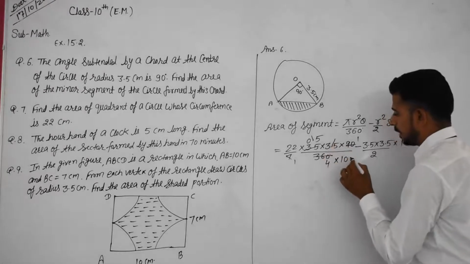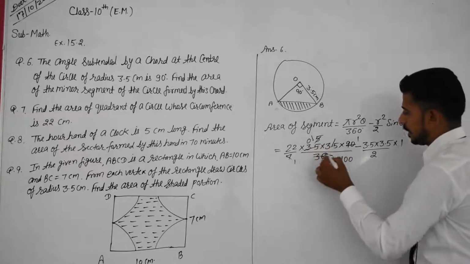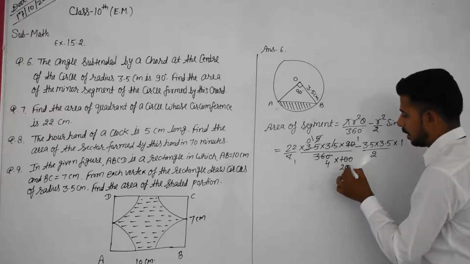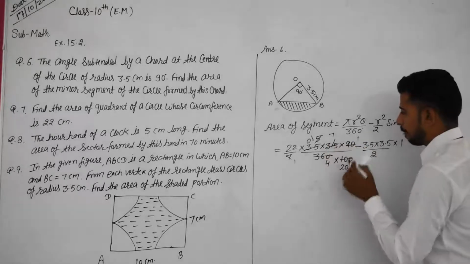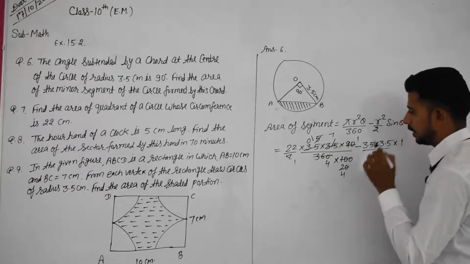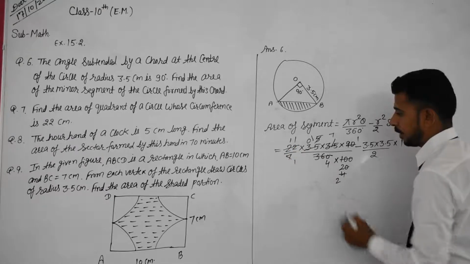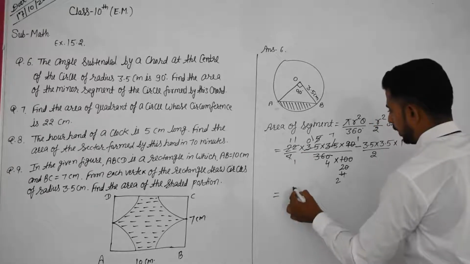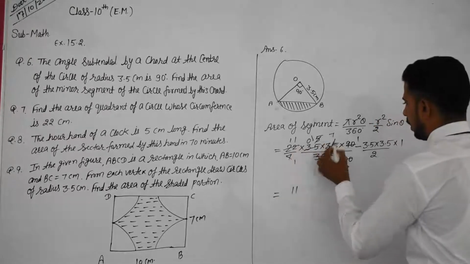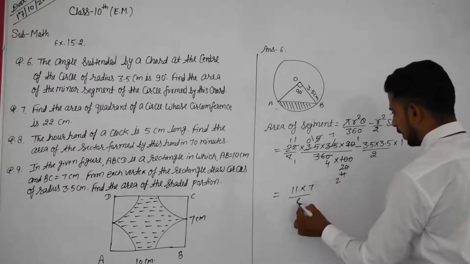Again remove decimal, then 1 0 after 10. 5 ones are 5, 5 twenty-fives are 100, 5 sevens are 35, 5 fours are 20, 2 twos are 4 and 11 twos are 22. It means in the numerator the value is 11 multiplied by 7 upon 4 twos are 8.